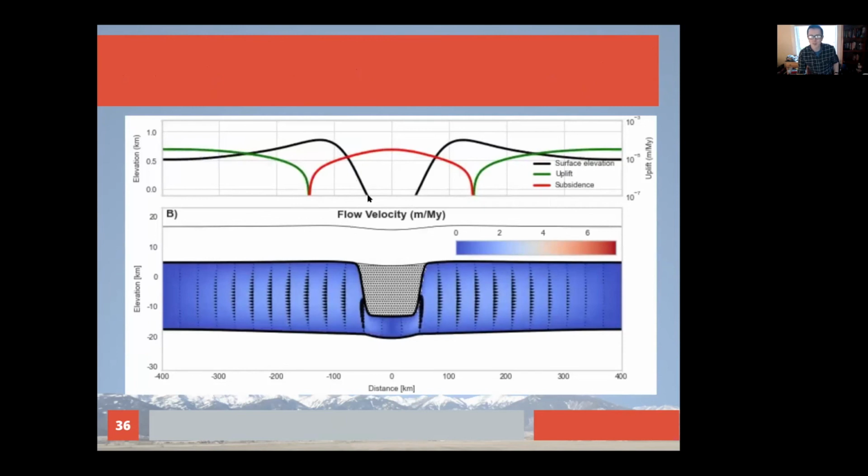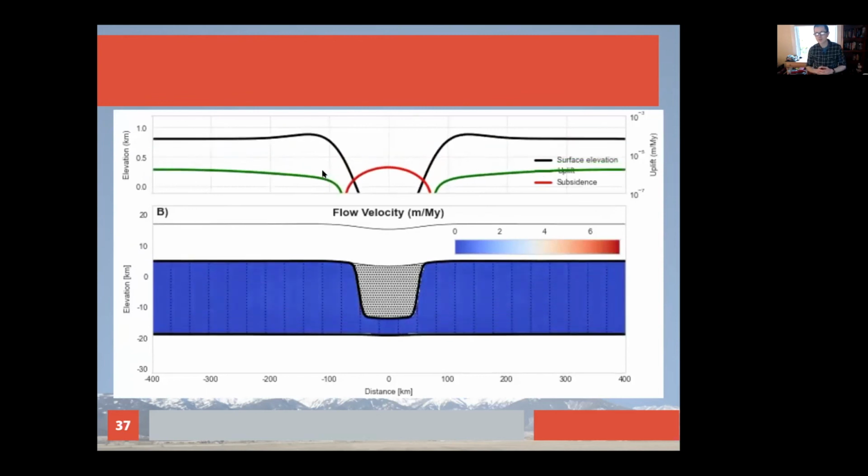And what ends up happening is that you inflate these areas with more crust, but they all uplift roughly at the same time. You get more uplift nearby and less uplift away, but the flexure is really what's controlling the pattern of uplift and not so much the flow.